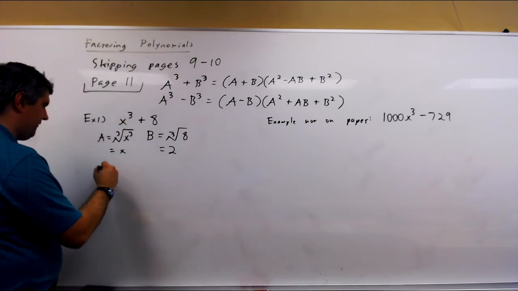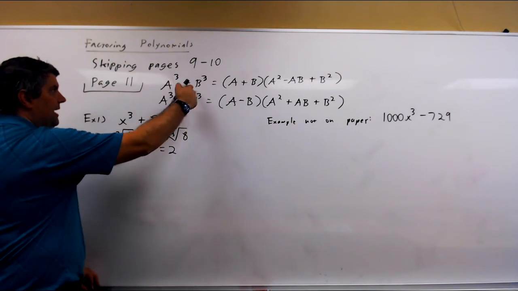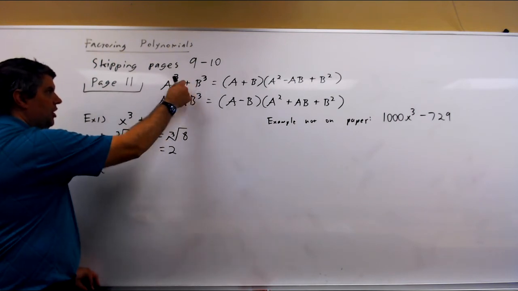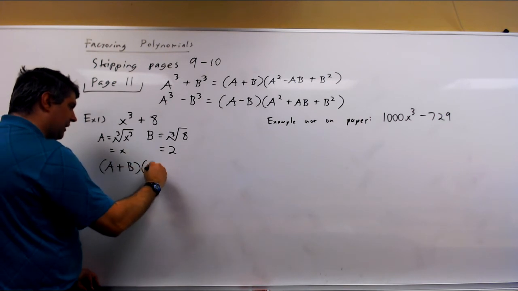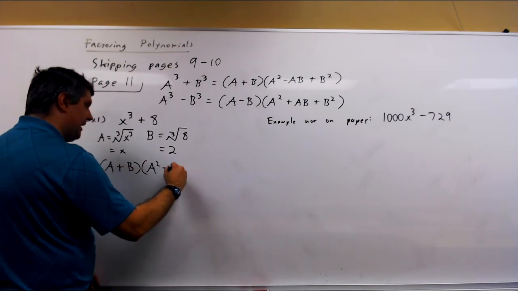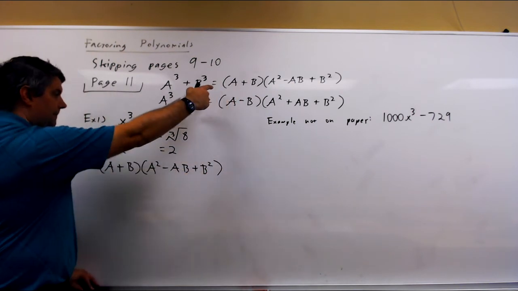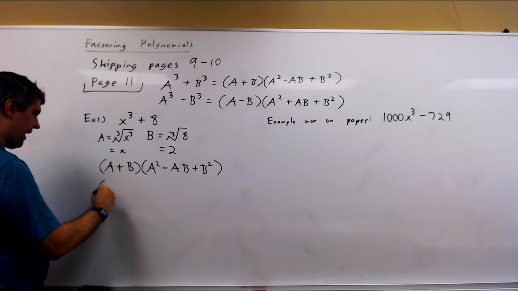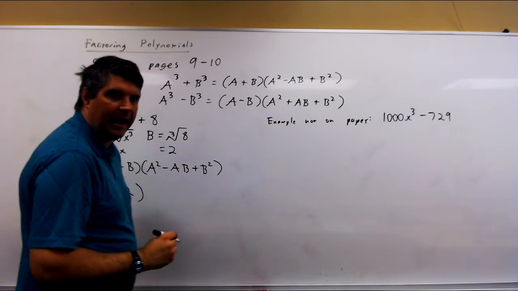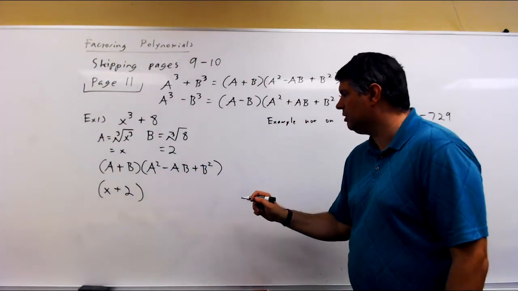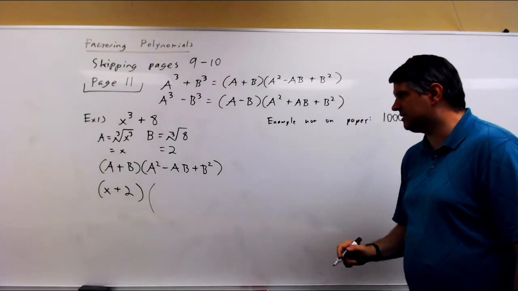So folks, if the rule is a cubed plus b cubed, if it's a sum of cubes, you would follow the rule a plus b times a squared minus ab plus b squared. So a you would replace with x, b you would replace with 2. I recommend making the trinomial parentheses a bit taller the first time you plug these things in.